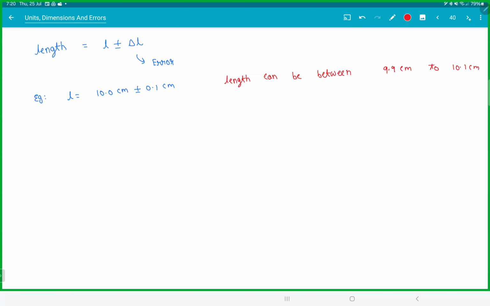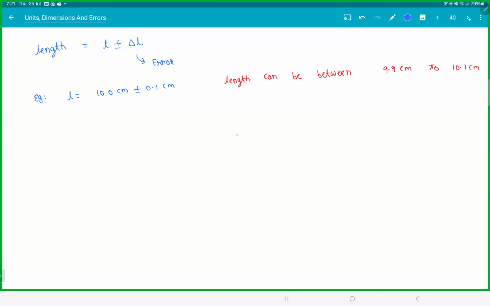Getting it? So whenever you write answers or do measurements, this is how you report. You just don't say 10 centimeters. In a scientific setting, this is very important. This tells you what kind of instruments you're using, up to how much error is acceptable. For example, like I told you last time, if I have to tell a carpenter to design a door for the house, generally we don't need to tell him, but even they have a measurement.